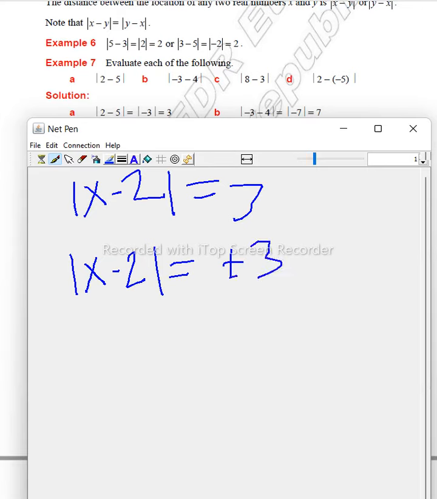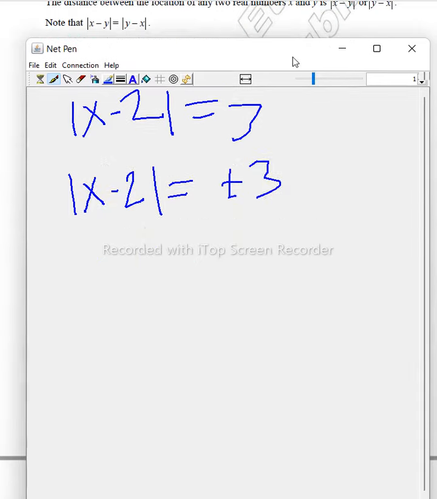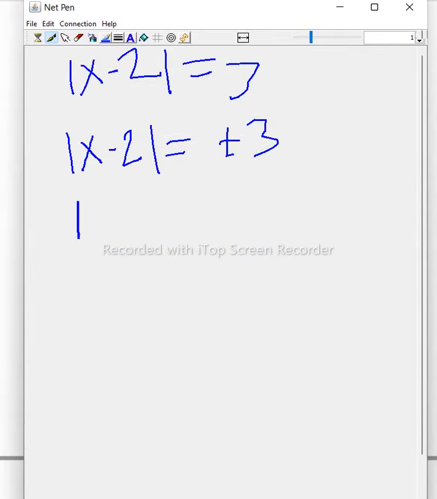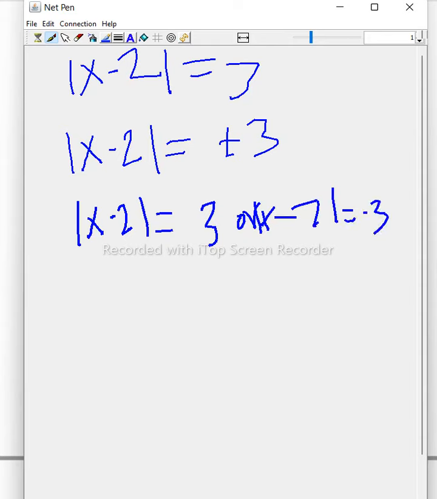So let us do the first equation with plus: x minus 2 is equal to 3. Then the second equation with minus: the absolute value of x minus 2 is equal to minus 3. This is the second equation we have under absolute value.